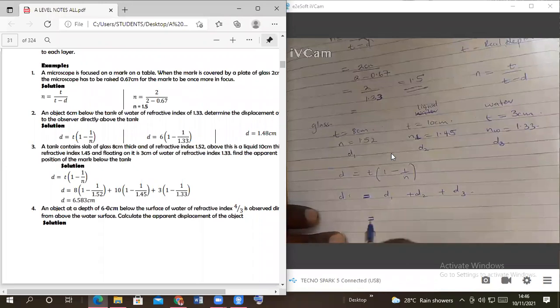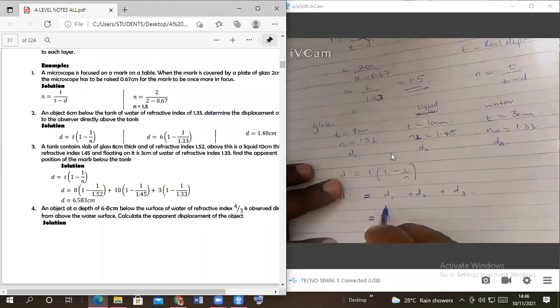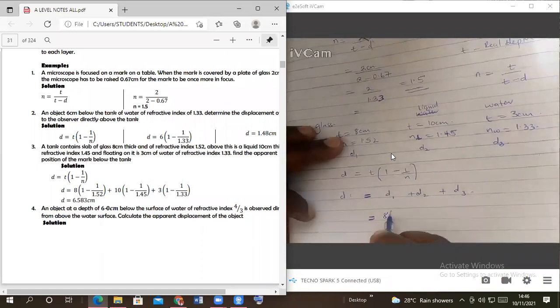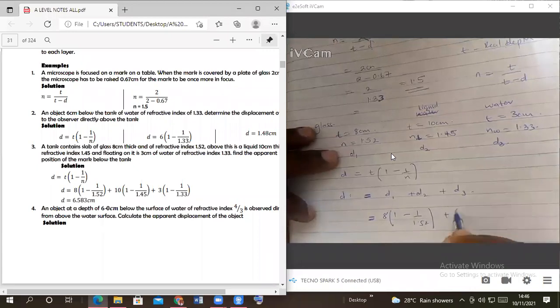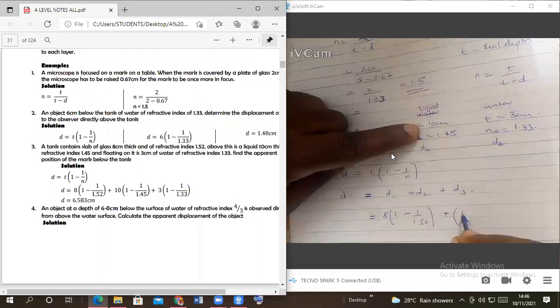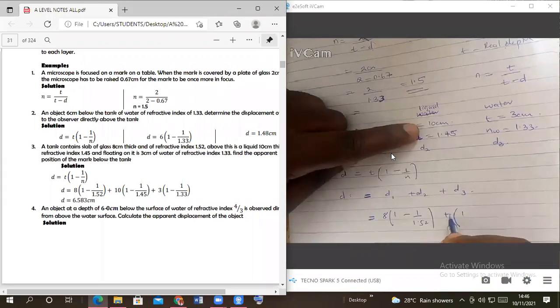Okay. So we shall substitute. For D1, we shall have 8, that is T, times 1 minus 1 over 1.52. Then for D2, we shall have 10 times 1 minus 1 over 1.45.